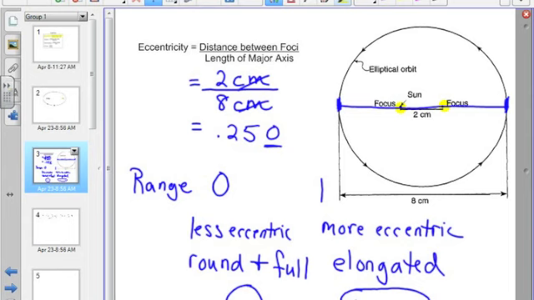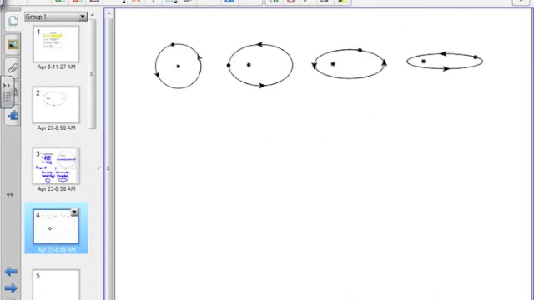So let's see if we can evaluate a series of ellipses. Here we have 4 ellipses. Now you'll notice there's only one object that is inside that ellipse. That is the sun, the star, the object that is being orbited. But I could always find that other position for the F2 focal point if needed. Now as we go from left to right across this diagram, the shapes are clearly changing. The shapes are becoming more stretched out.